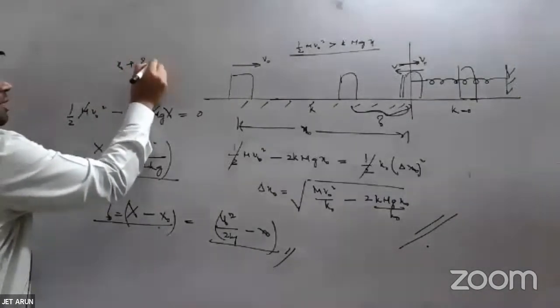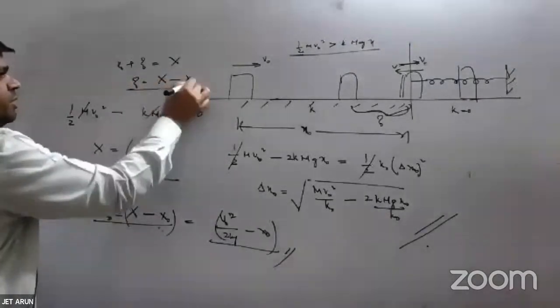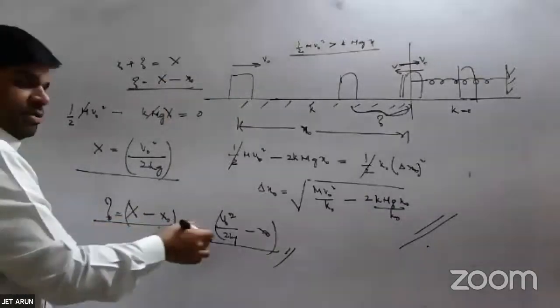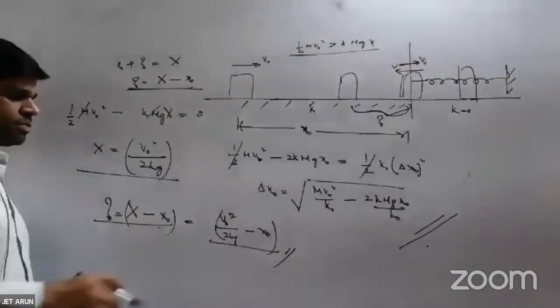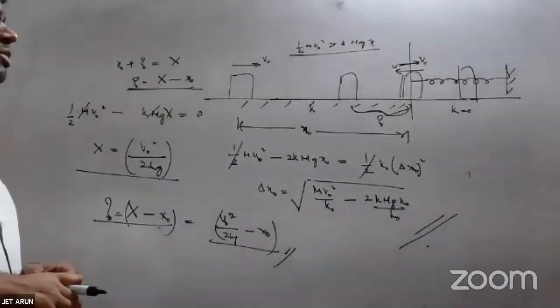X naught plus question mark is equal to capital X. So question mark is equal to capital X minus X naught. That's what I'm doing here. So question mark is capital X minus X naught. I get the required distance where it stops.